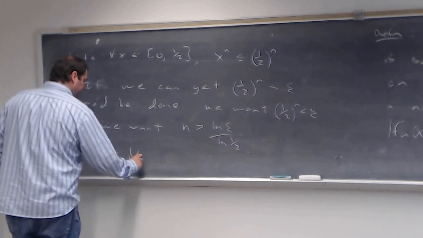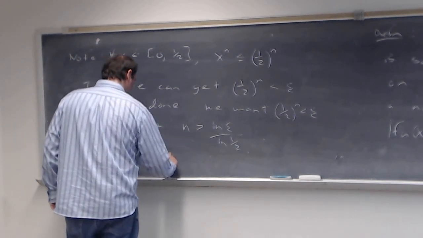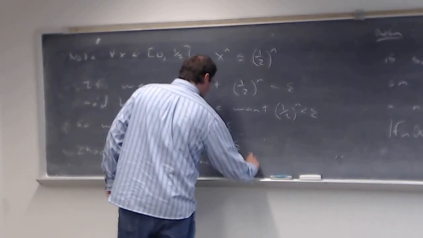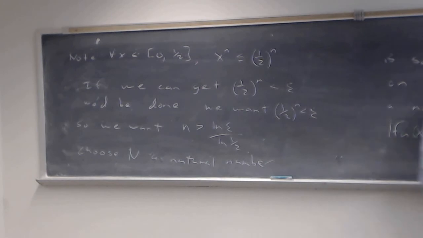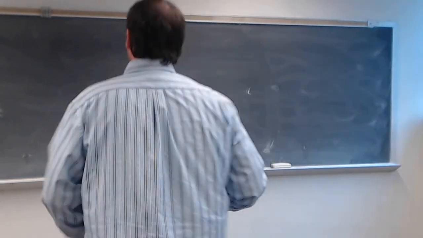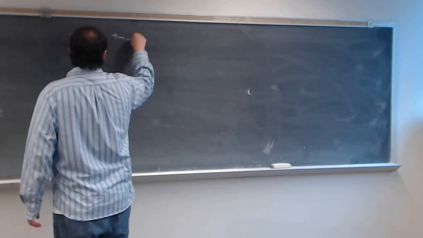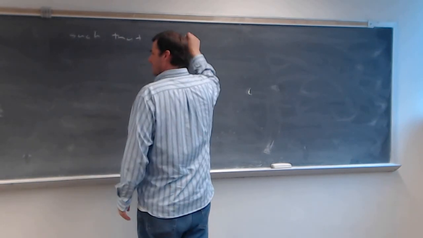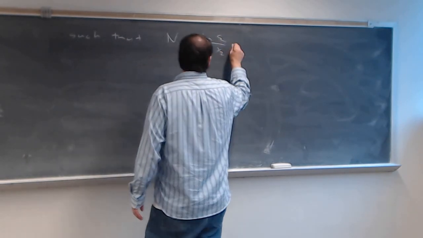So choose big N, a natural number, such that big N is bigger than ln of epsilon over ln of 1/2.